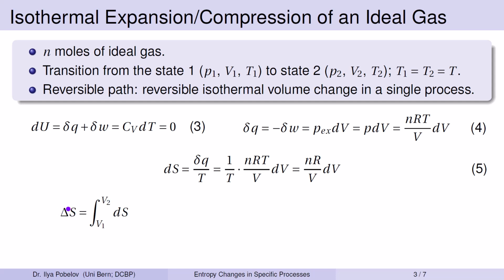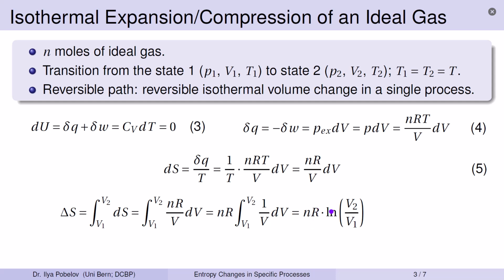The entropy difference between states 2 and 1 is the integral of dS over the reversible path expressed as the change of volume from V1 to V2. Using the previously obtained expression, we can express dS as a function of volume V. Since nR does not change along the path, we can factor it out of the integral.